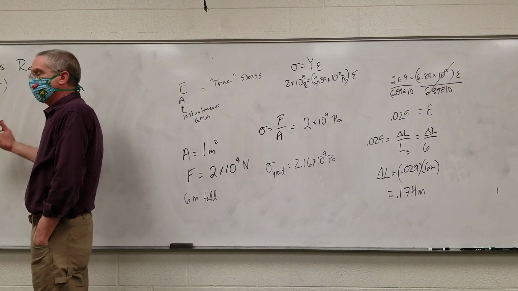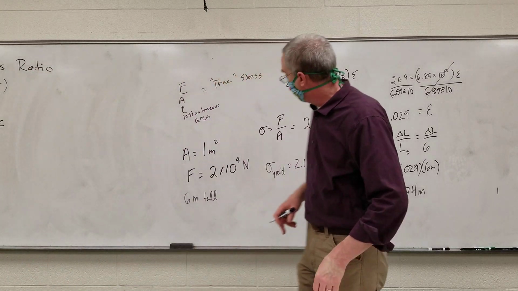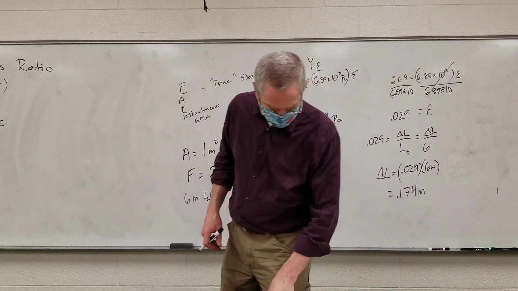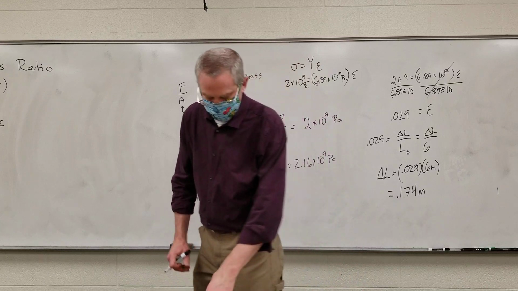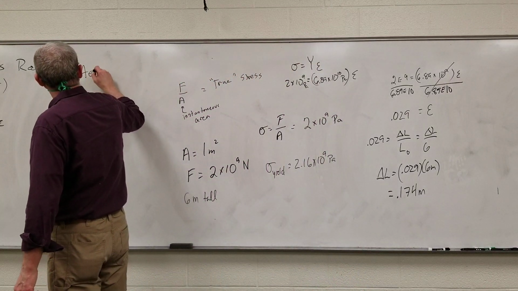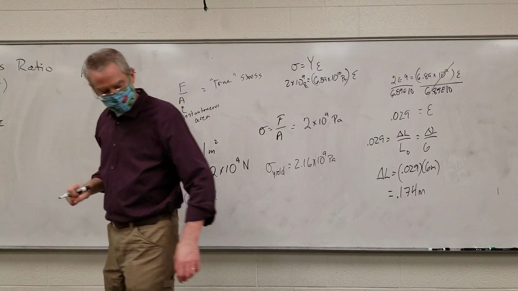And so let's just run through an example. I'm going to use the numbers that I was using before. I erased some of it, so let me rewrite some of it. So this is steel. There's a number in there.